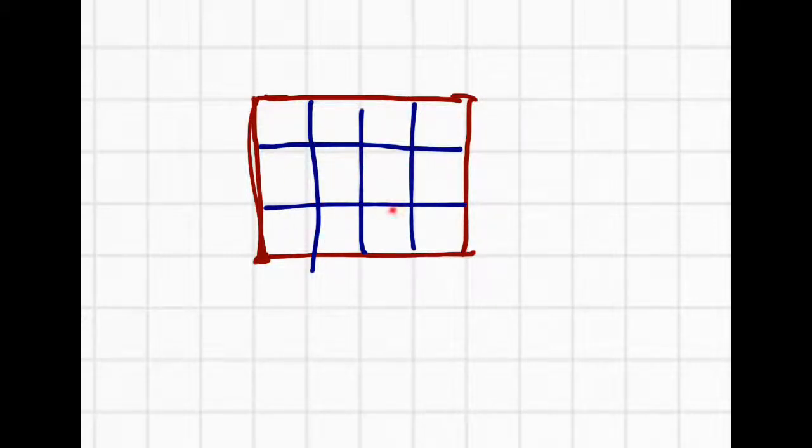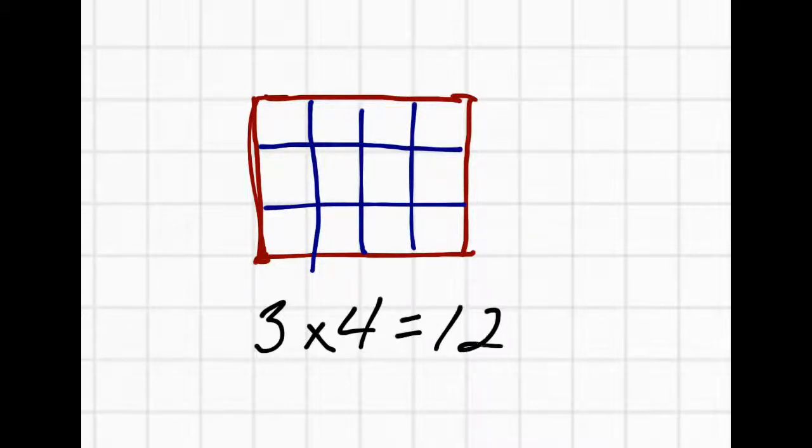There are 4 in each. And when we think back to our work with multiplication, we notice right away that 3 rows of 4, we can solve for the amount of objects in the array by using multiplication. And that's 3 times 4, which equals 12.